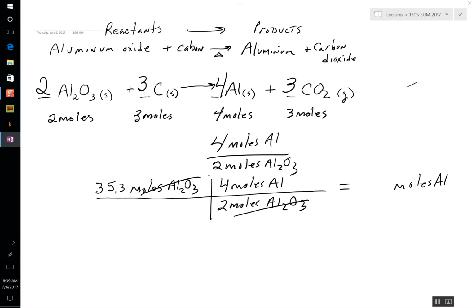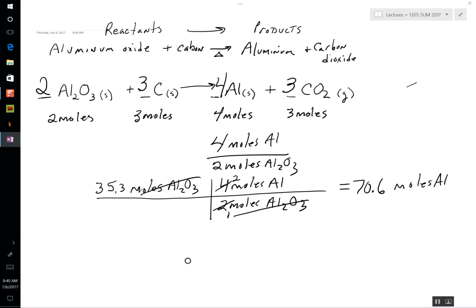So we're going to get 4 moles of aluminum for every 2 moles of aluminum oxide. You multiply that out. You can divide both of those numbers by 2, and we can almost do this in our heads. 2 times 35 is 70. 2 times 3 is 6. 70.6 moles of aluminum.